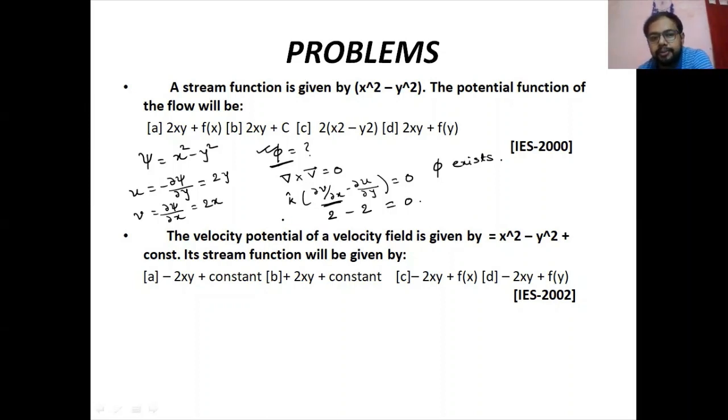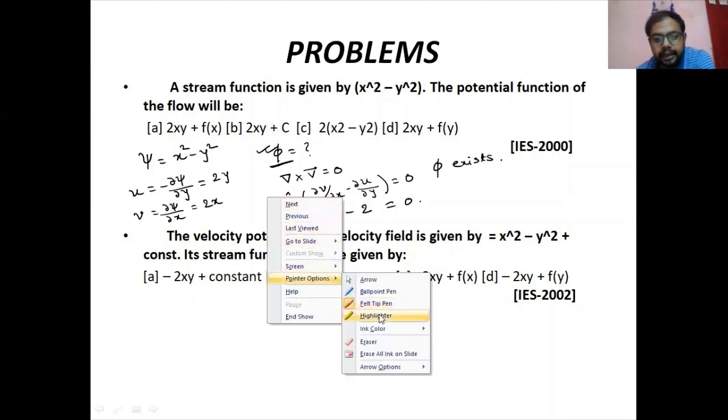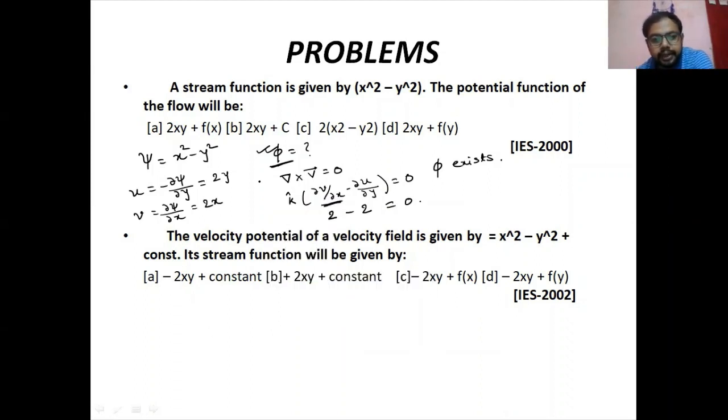What is the value of phi? So we rewrite this again in this problem. u is equal to minus d psi by dy, which is equal to d phi by dx. Cauchy-Riemann equation. That is nothing but 2y. Okay? Cauchy-Riemann equation. So this equation is done. So d phi by dx is equal to 2y.